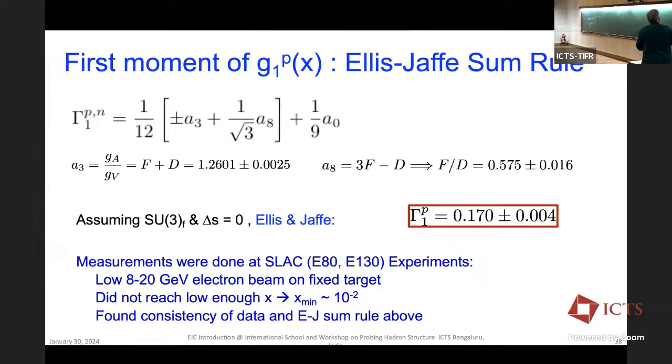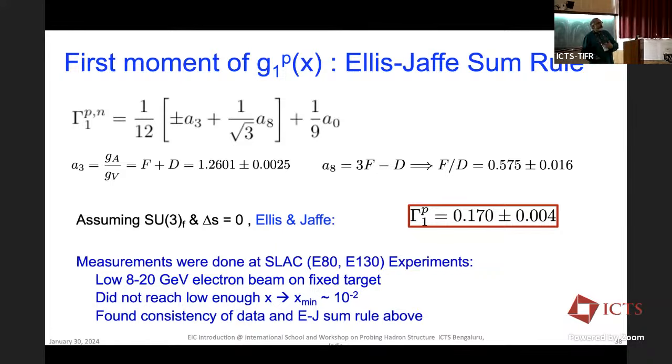And that was how it was measured first, and people saw consistency. At SLAC, it was consistent. No problem with that measurement. But simultaneously, there was an experiment going on at CERN, with a muon beam, with a much larger muon beam energy, that means it could go to lower values of x.